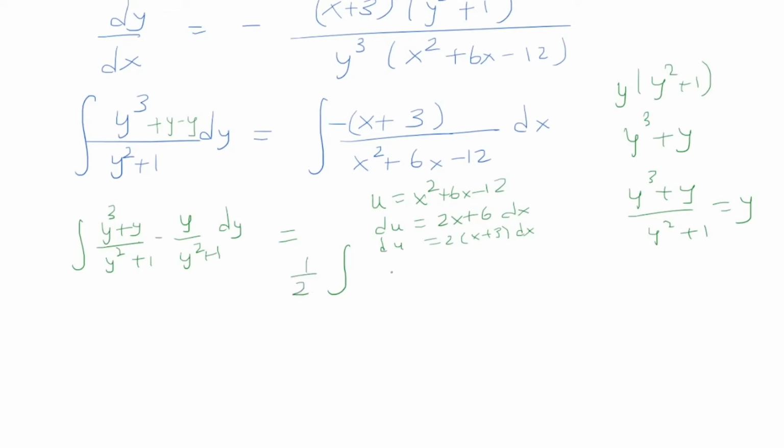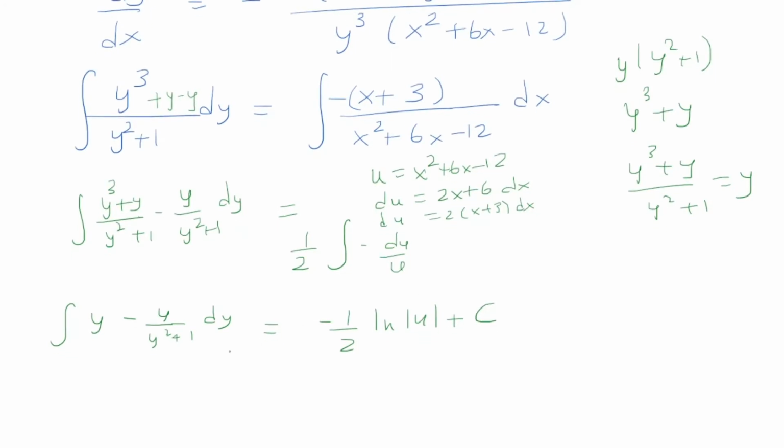So we'll have a 1/2 here, negative du over u. And this simplifies to y minus y over y squared plus 1. And this will be negative 1/2 ln of u plus c. And I can break this up into two separate integrals.